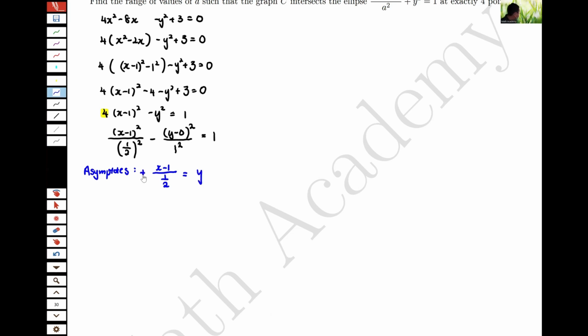There will be a plus minus because of the removal of the squares. And I would like to write out the equations explicitly. These are the 2 equations.